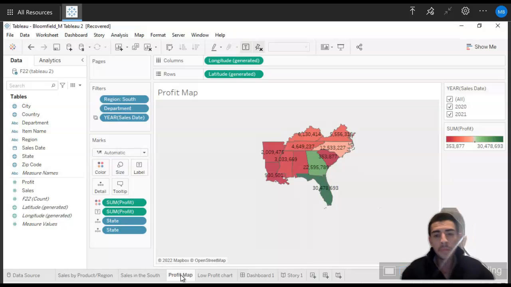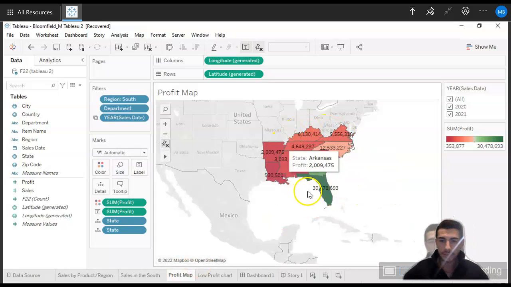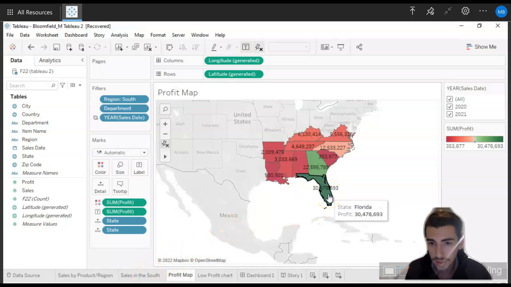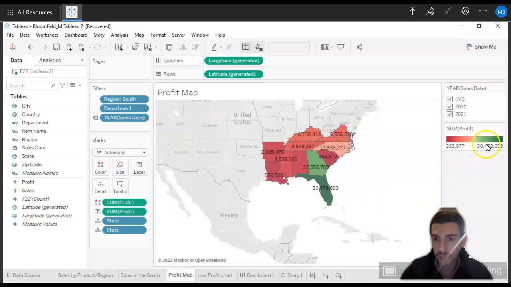Profit map. See, now this is what I was telling you about. This is the south. That's why I was showing you. The greener it is, the more profit it has, as you can see here, and the more dark red it is, the less profit it had.